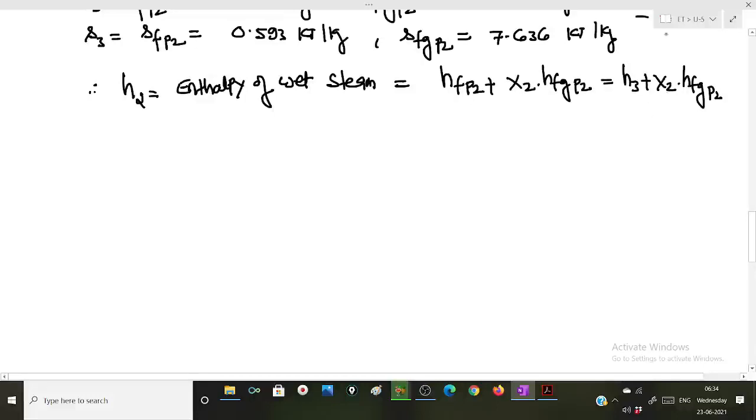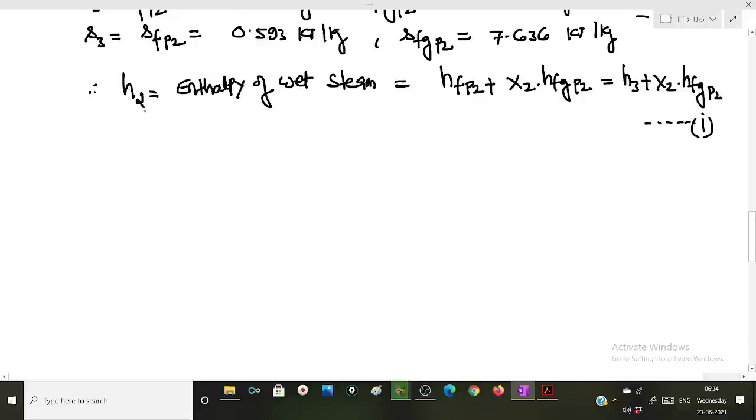In this equation, I know all the values, H3 and HFG P2, except X2. So I need to do calculations for X2 first, then I can easily calculate the value of H2.